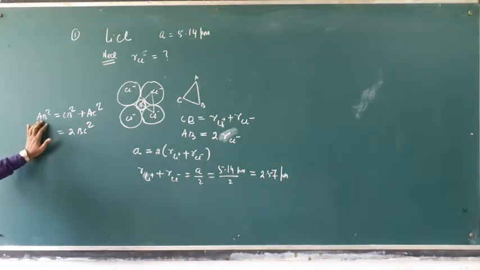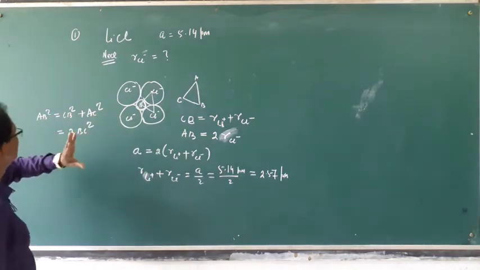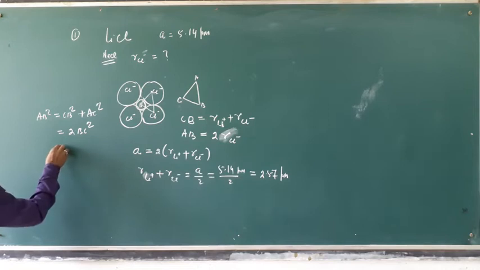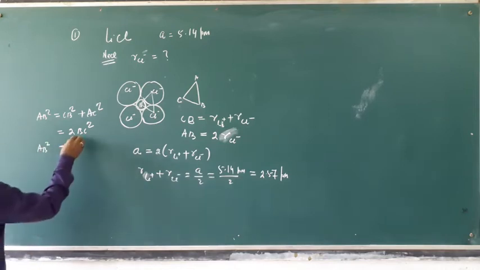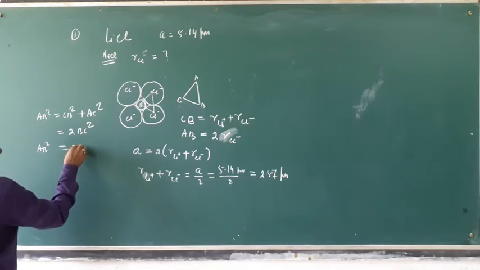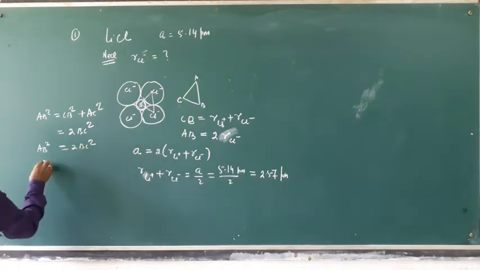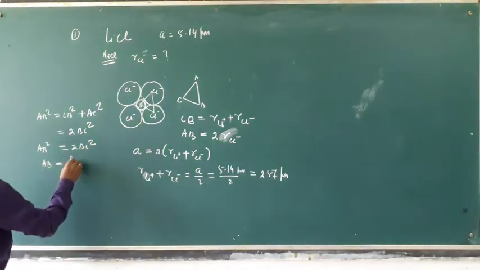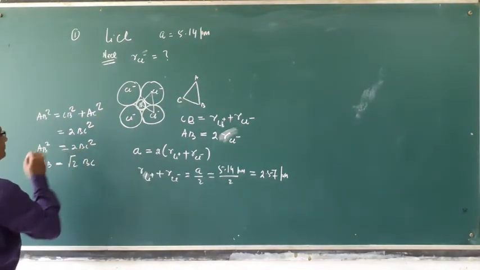And this BC, what is the value of this AB square? So AB square is equal to 2 BC square implies AB is equal to root 2 BC.